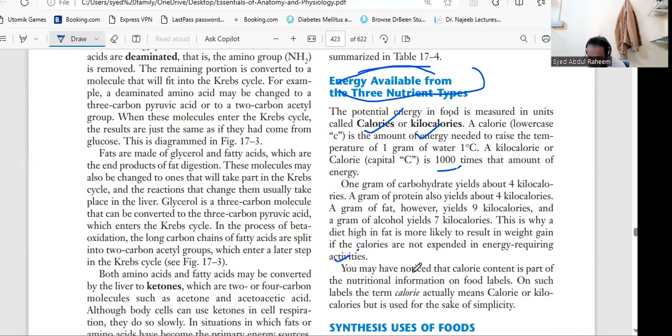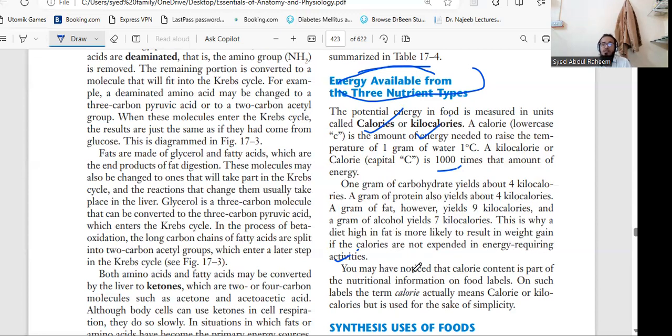So basically, 1 gram means 1 gram. If you are eating 10 grams of fat, 8 grams is removed from the body. The other 2 grams are absorbed by the body. So you need 18 kilocalories to utilize that fat for energy.